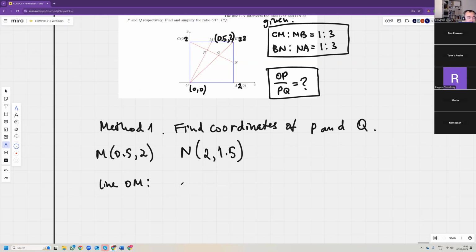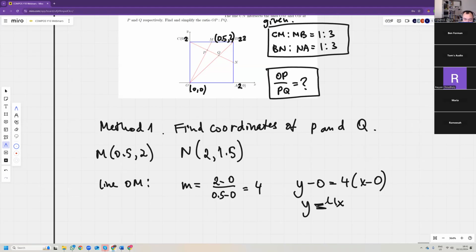So you need to find the gradient. M is 2 minus 0 over 0.5 minus 0, which is 4. So line OM has gradient 4. So the equation of the line is y minus 0 equals 4 times x minus 0. So y equals 4x. That's the equation of line OM.